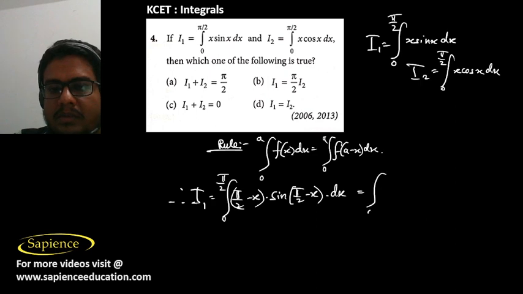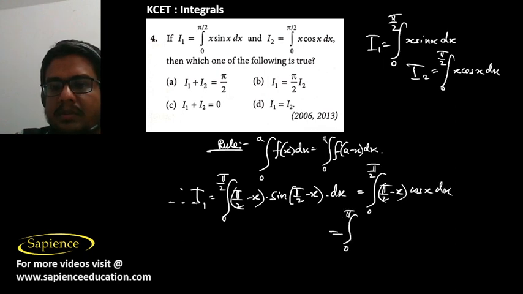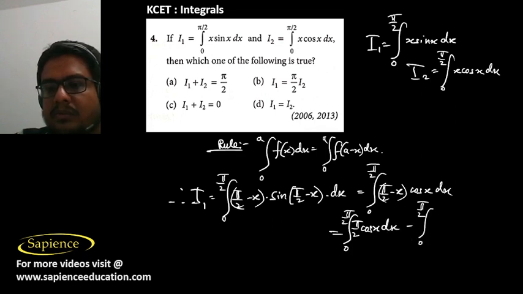So this will be equal to integral 0 to pi by 2 of pi by 2 minus x into cos x dx. So this will be integral 0 to pi by 2 of pi by 2 cos x dx minus integral 0 to pi by 2 x cos x dx.